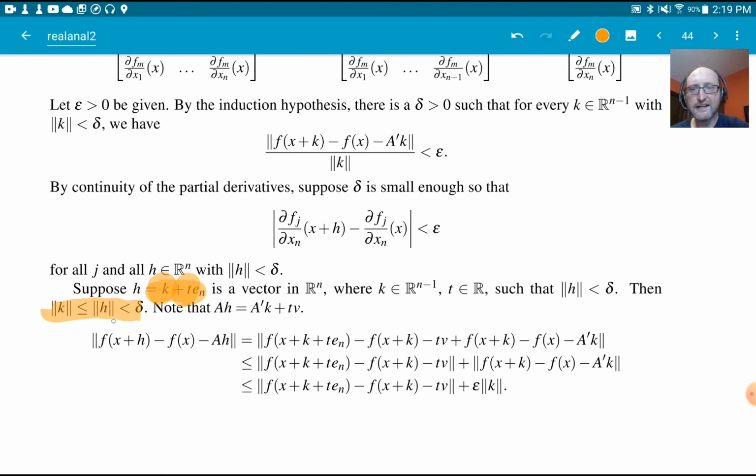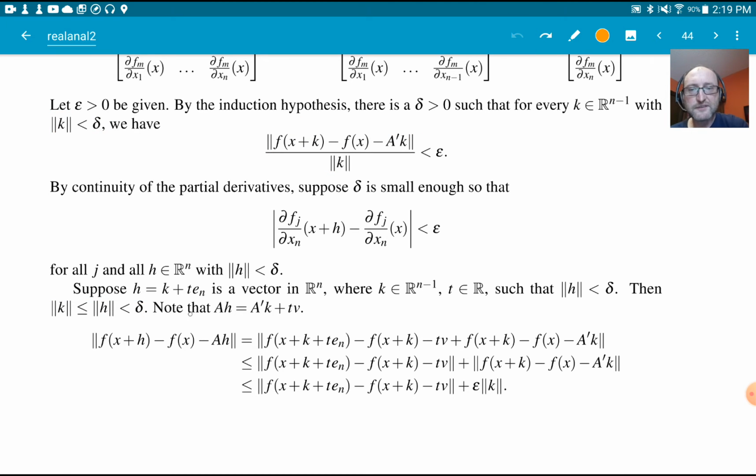So the Euclidean norm of k is definitely less than or equal to the norm of h. The only way that would be equal is if t was 0. But anyway, we have that k is also less than delta. So we have this estimate to begin with. That's why we're doing that.